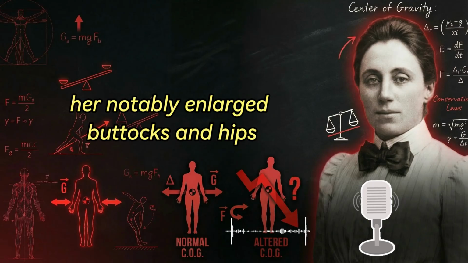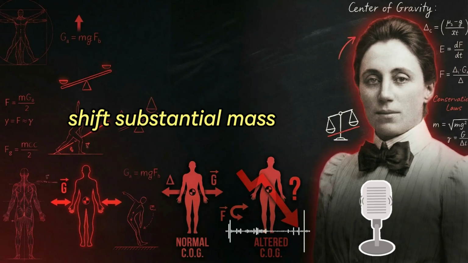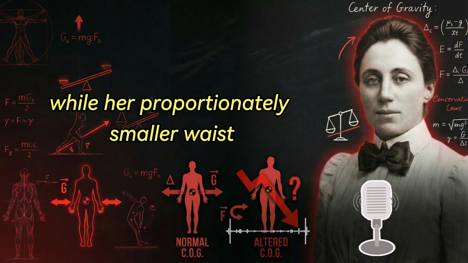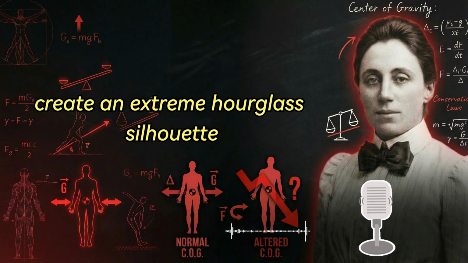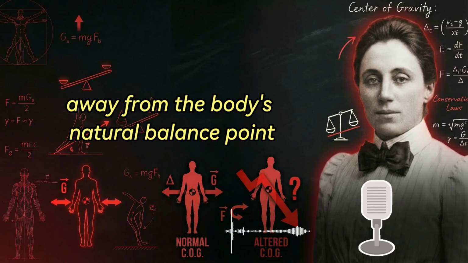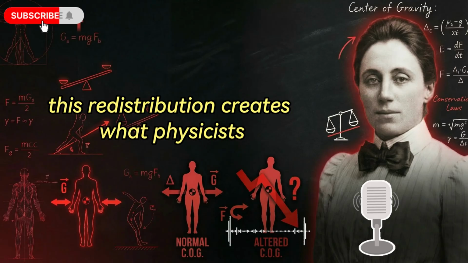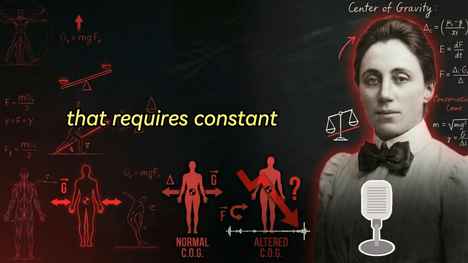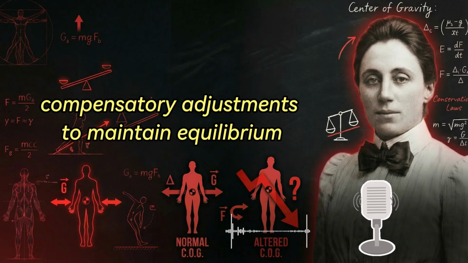Her notably enlarged buttocks and hips shift substantial mass toward the posterior and lower portions of her torso, while her proportionately smaller waist creates an extreme hourglass silhouette that concentrates mass away from the body's natural balance point. This redistribution creates what physicists would recognize as a fundamentally unstable system that requires constant compensatory adjustments to maintain equilibrium.